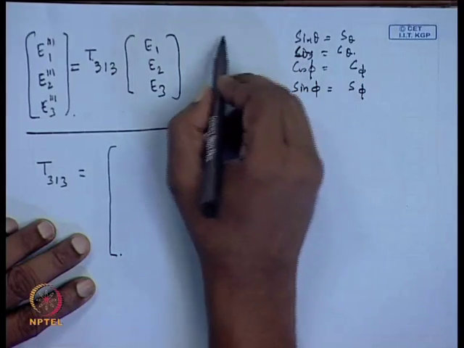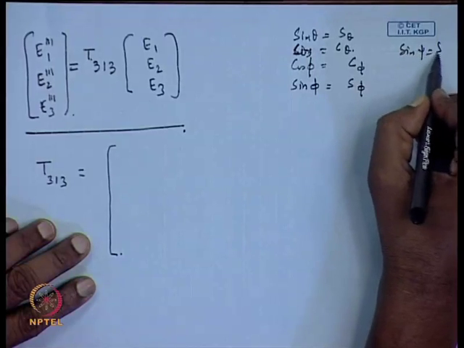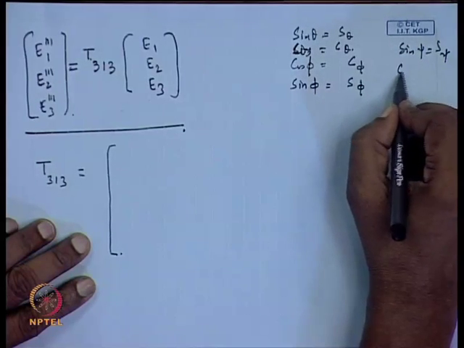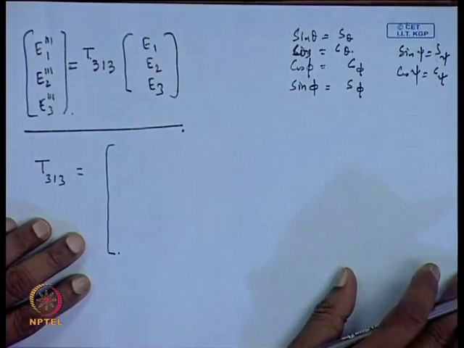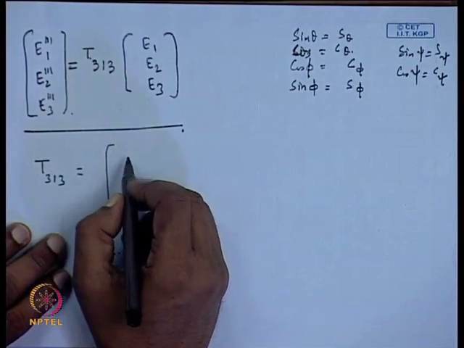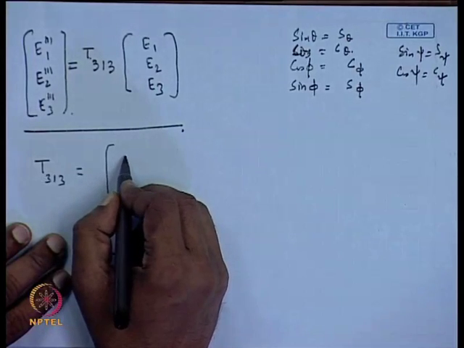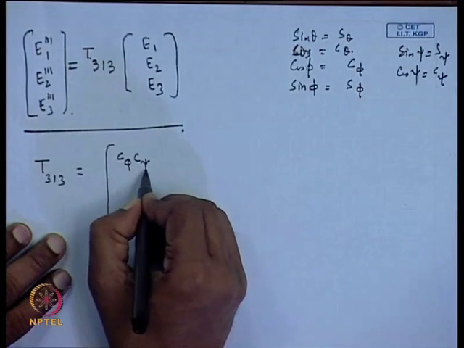Similarly, we can use the notation for sin psi as S psi and cos psi as C psi. And if you multiply, this will yield C phi C psi.